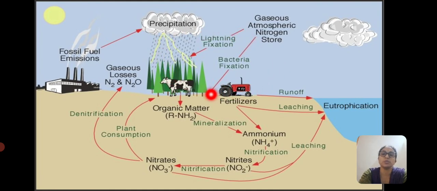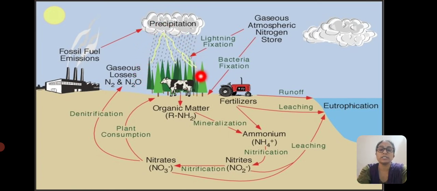All these processes show how the inorganic nitrogen is converted into organic forms, and once again they are given back to nature in the form of N2 or inert nitrogen gas.